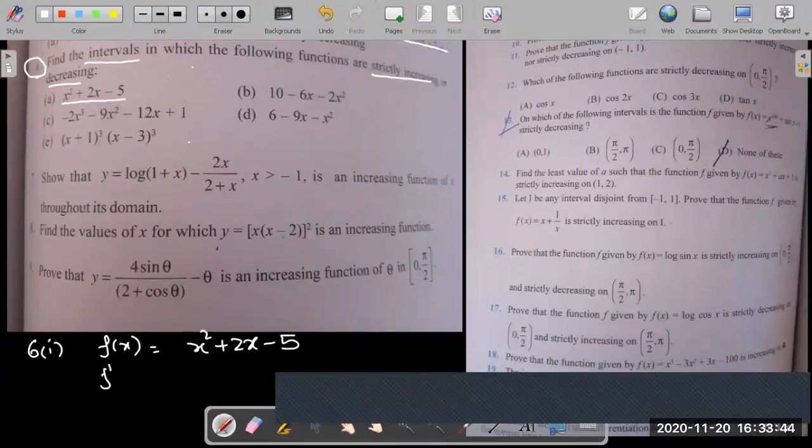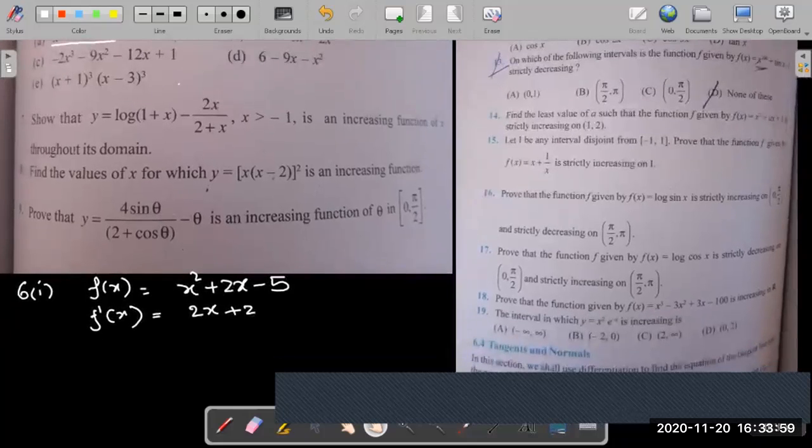So we do the f dash x, then we get 2x plus 2. Now we'll have to see for what intervals this is greater than 0. So if 2x plus 2 is greater than 0, that will be strictly increasing.